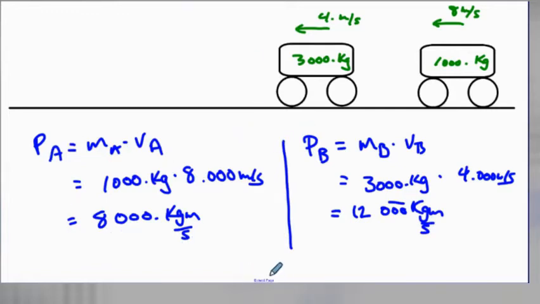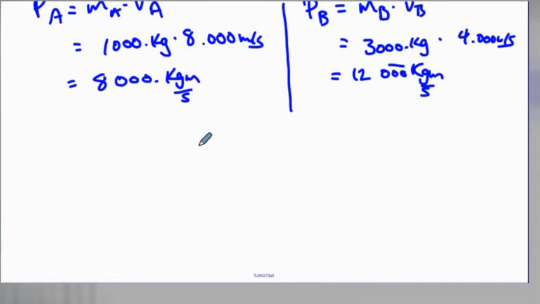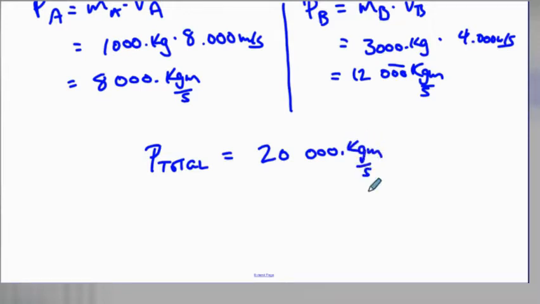So now the question is, what is my total momentum of everything? What's going on before they collide? Well, the question is, are they going in the same direction or are they going in opposite directions? And they're both going in the same direction. So we're going to add those together. So I'm going to say that my total momentum is 20,000 kilogram meters per second. So that is my total momentum before the collision.